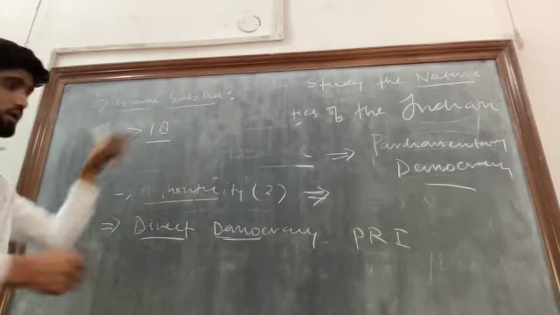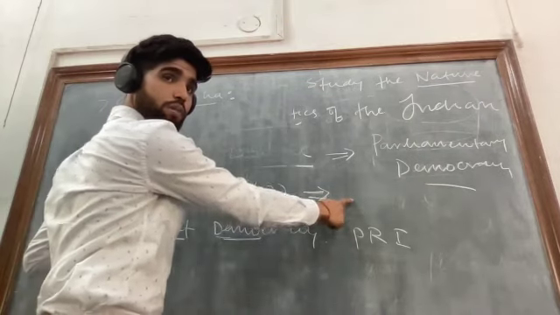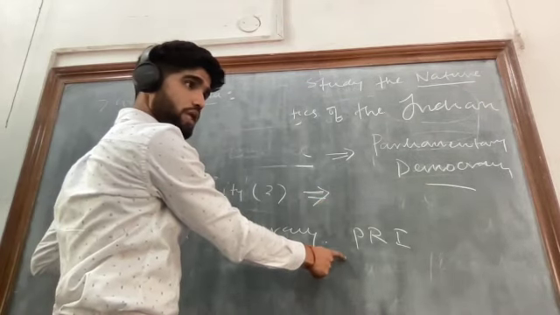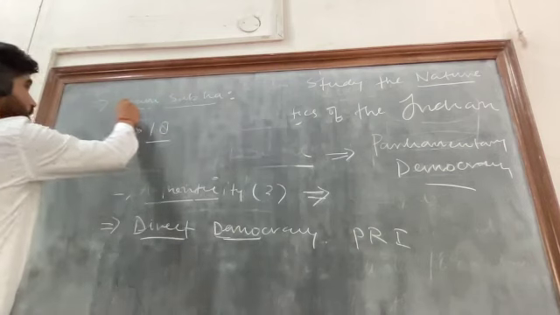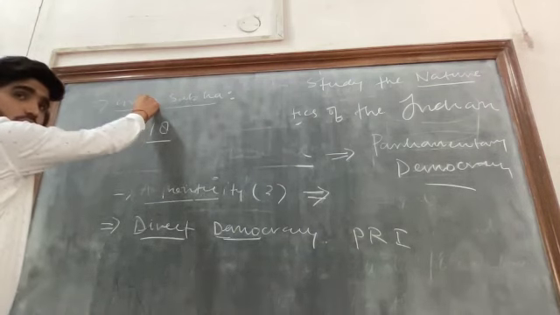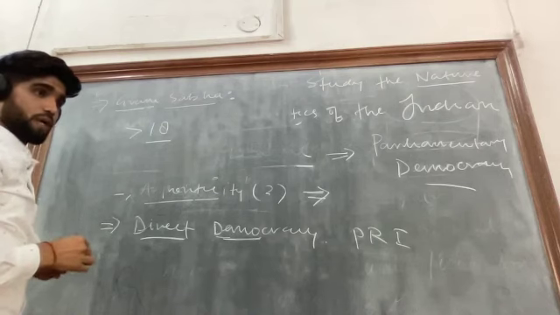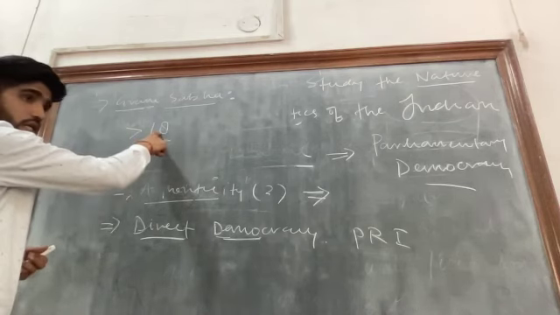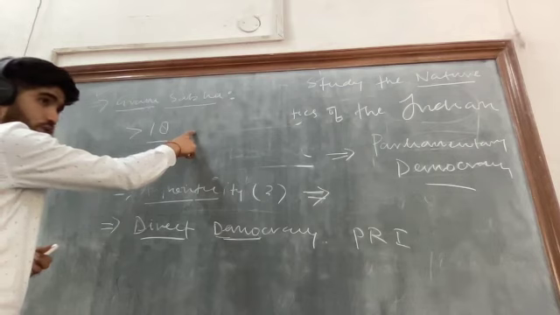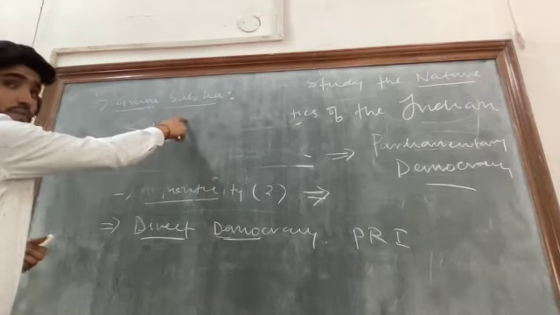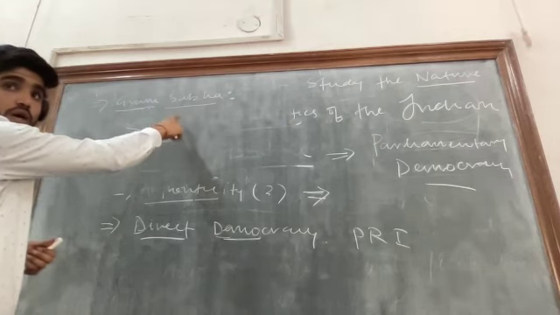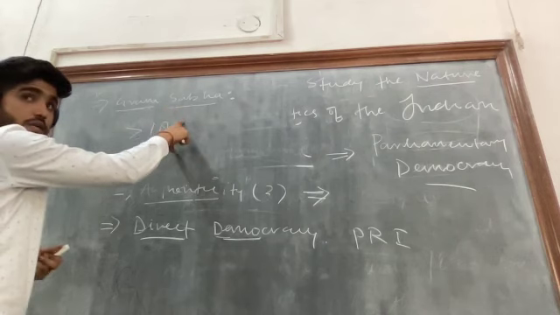In the same manner, the House of the People or legislative assembly, no. But here, you need not be elected to be a member of the Gram Sabha. Here, by the very virtue that you are a citizen of India and you have attained the age of 18 and you have the right to vote, by that very virtue, you are a member of the Gram Sabha. So that is an instance of direct democracy.